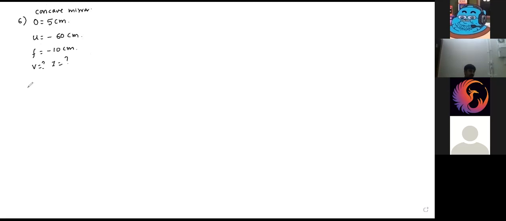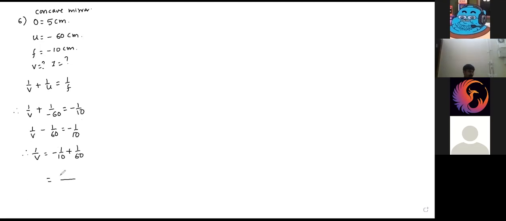So 1 by v plus 1 by u is 1 by f. So we'll get 1 by v plus, u के जगह पे minus 60, is minus 1 by 10. 1 by v minus 1 by 60 is minus 1 by 10. 1 by v is minus 1 by 10 plus 1 by 60.